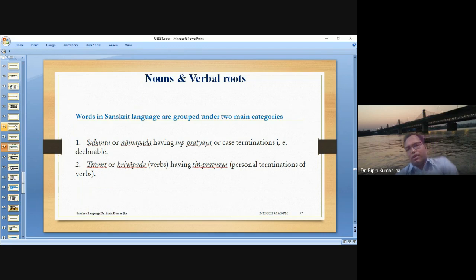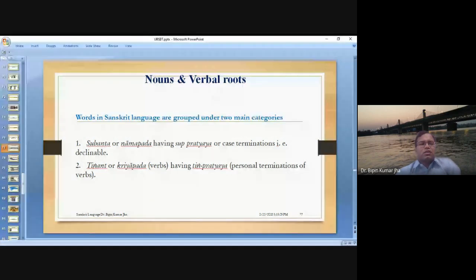It is clearly mentioned in Sanskrit grammar that along with the sub suffix you can use these terms.